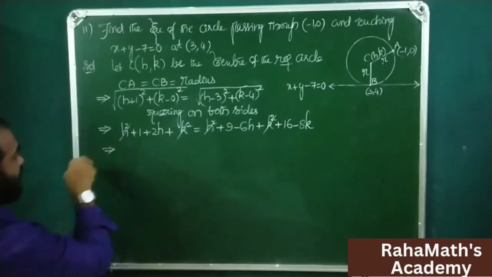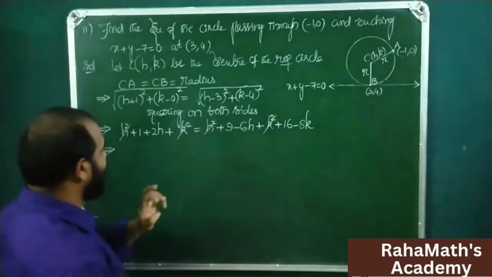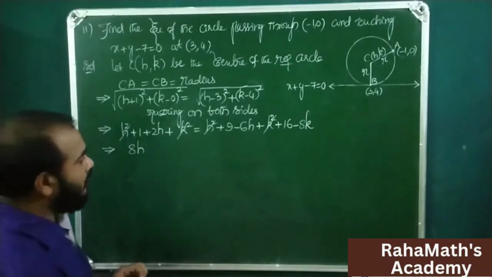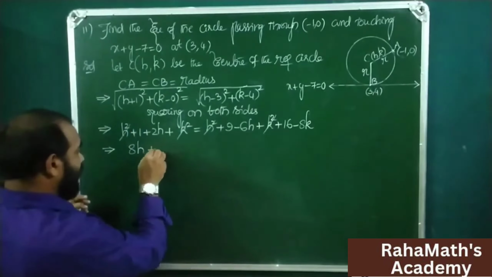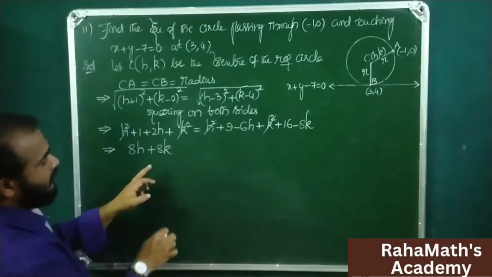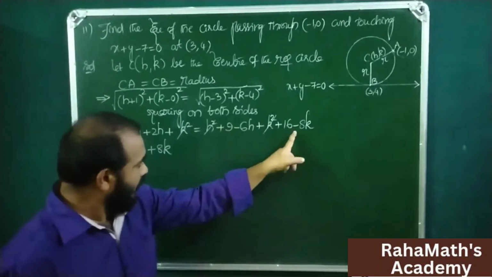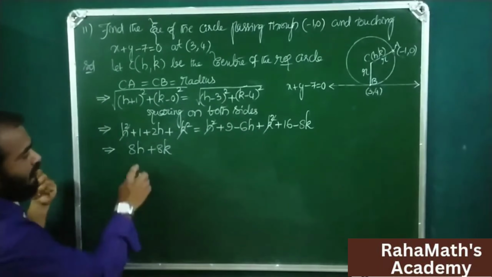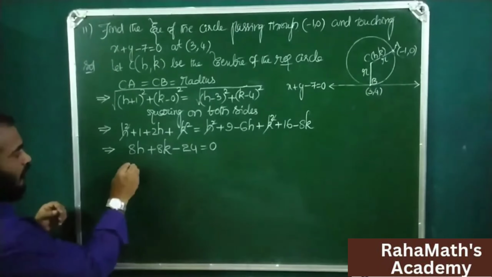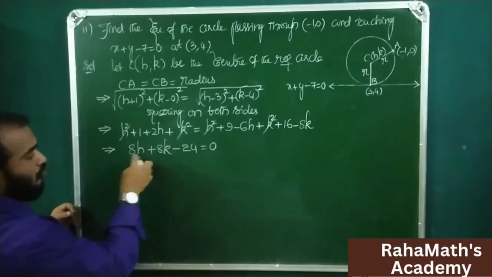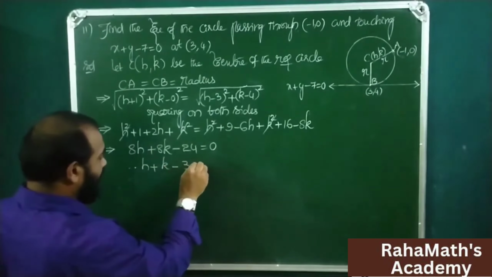So that implies, if you bring this minus 6h to this side, 2h plus 6h, 8h. And this minus 8k, if you bring it to the LHS, this is plus 8k. 1 plus 9 plus 16 is 26, if you take 25 this side, minus 25. Therefore 1 minus 25 is minus 24 equals 0. If you cancel 8 throughout the equation, then h plus k minus 3 equals 0.